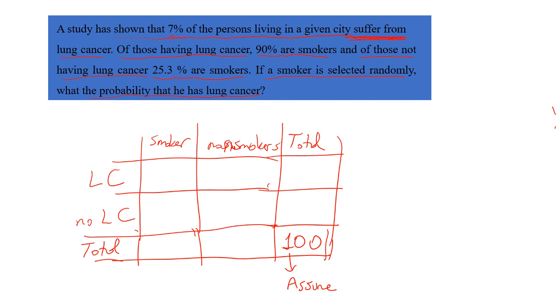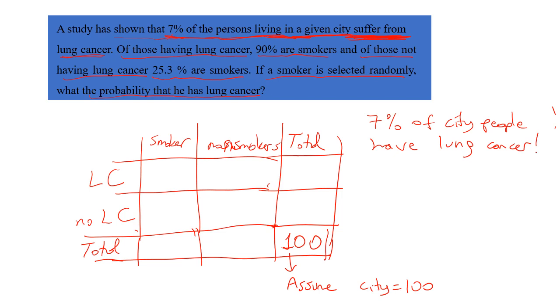Now, 7% of the people living in the city suffer from lung cancer. So the city population is 100, and 7% of city people have lung cancer. What does this mean?